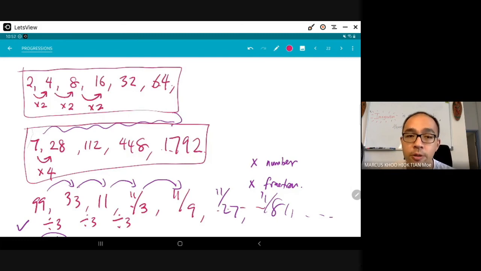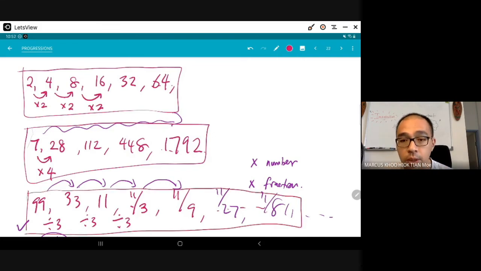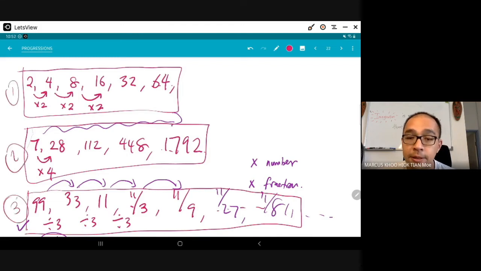Yes, it is a geometric progression because... Can you please type it down so that I can see, just to make sure that you understand what I'm saying. Either one of these, you can choose number 1, number 2, or number 3. Just answer one only. All 3 are geometric progressions. I just want you to see the reason why. Can you type it now so that I can see?